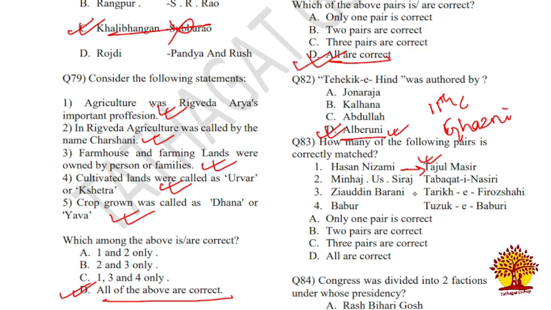Ziauddin Barani wrote Tarikh-i-Firoz Shahi, and Babar wrote his autobiography Tuzuk-i-Baburi, it is also a correct one. So here all the pairs are correct. So option D is the right answer. Next one.